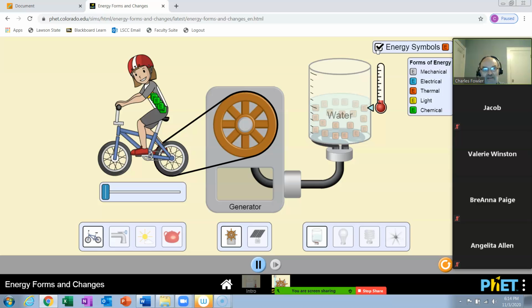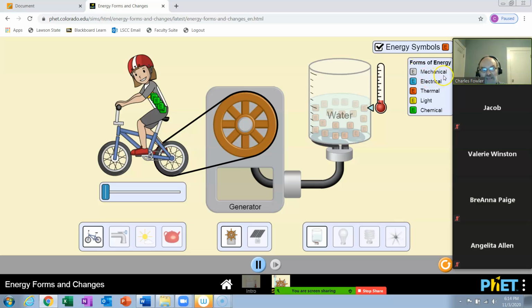Got it? Now you see, when they say mechanical, you think either potential or kinetic. Then we'll have an electrical energy, that's the blue. Thermal is red. Light is yellow, and chemical is green.